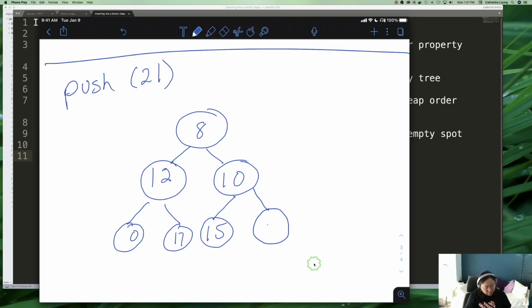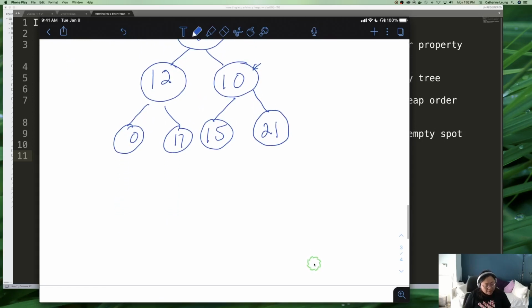Well, yes, because 21 is lower priority than its parent, 10. Okay, we only have to compare against the parent. 10 is higher priority than 21. So we can put it in, okay? So as long as the parent is a higher priority than the value we're putting in, we can just put it in, okay? So we're done.